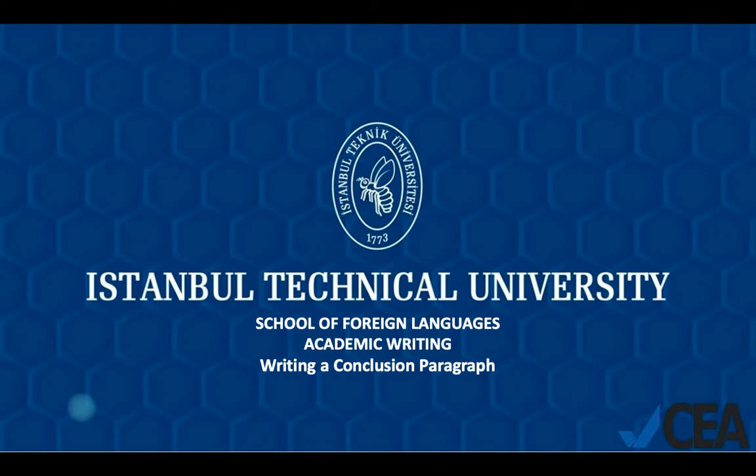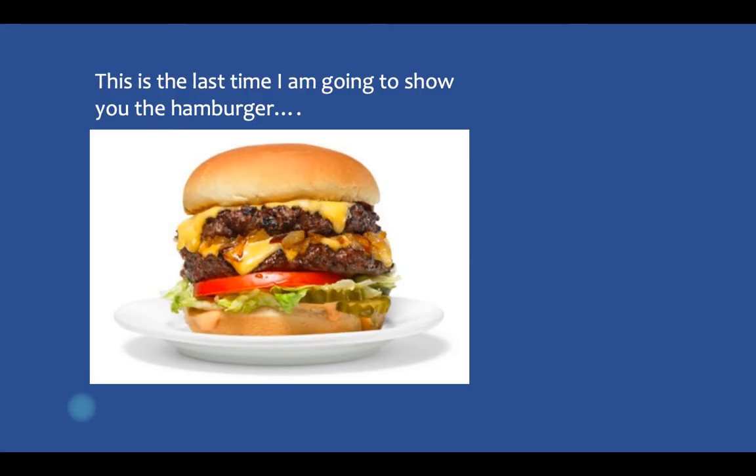Today, we're going to look at how to write a conclusion paragraph. Once again, we have our hamburger, but this is the last time that I'm going to show it to you. If you remember, the hamburger represents the essay. We have our introduction paragraph, which is the top.